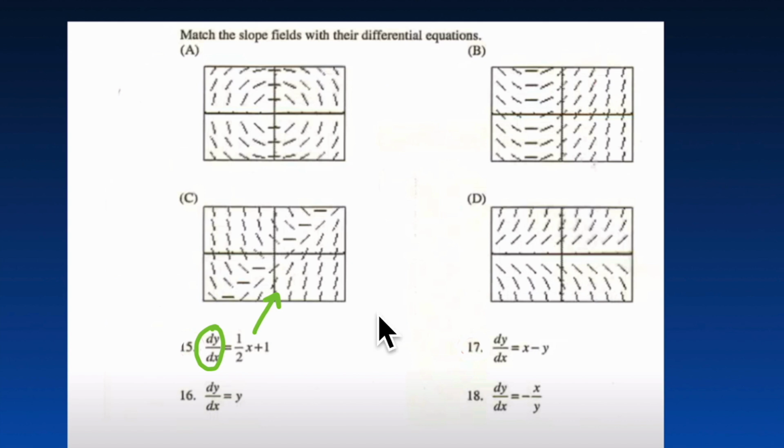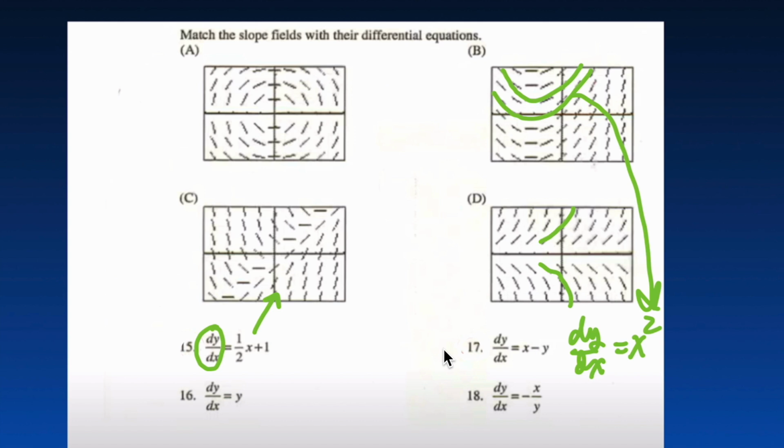You are not looking for solutions here. This has nothing to do with creating graphs by connecting the slopes. You might be tempted to do that, and if they had a choice here, dy dx equals x squared, you'd be tempted to match these two, but that's not what they're looking for here.